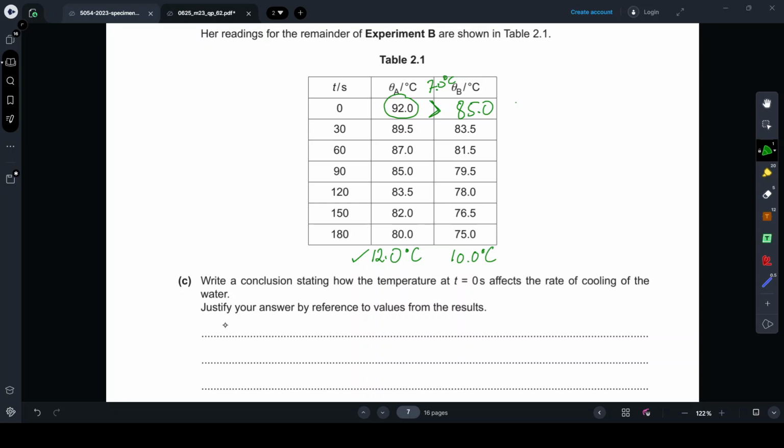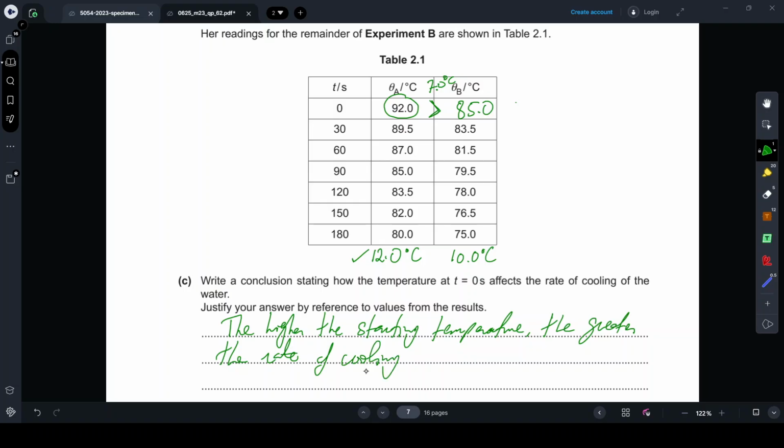And so the higher the initial temperature or the starting temperature, the greater the rate of cooling. So I was partially correct.